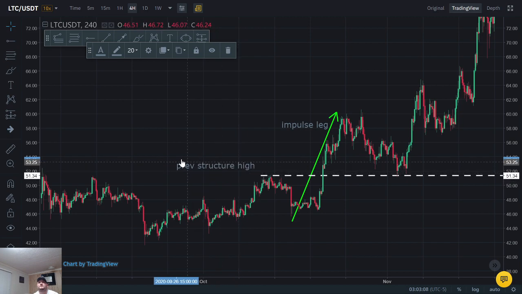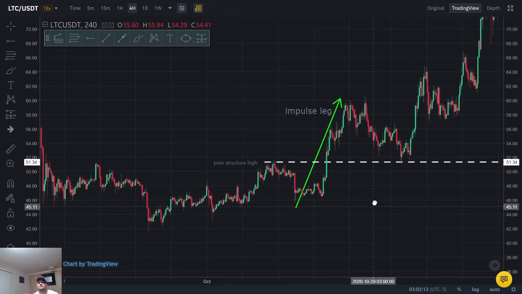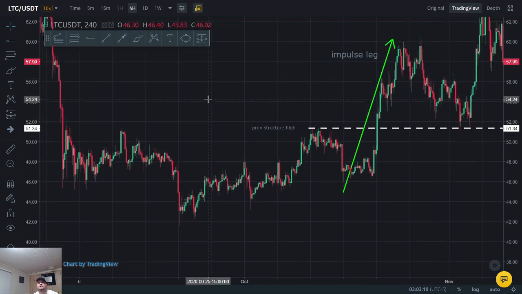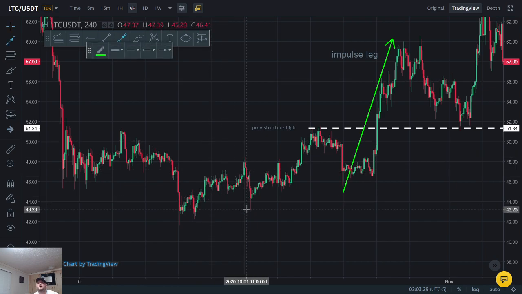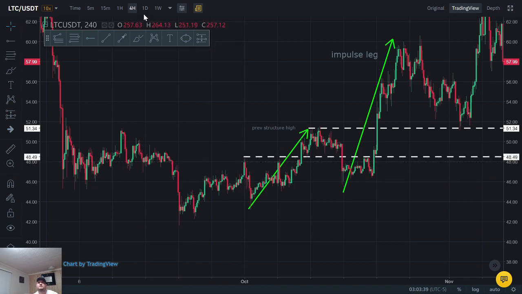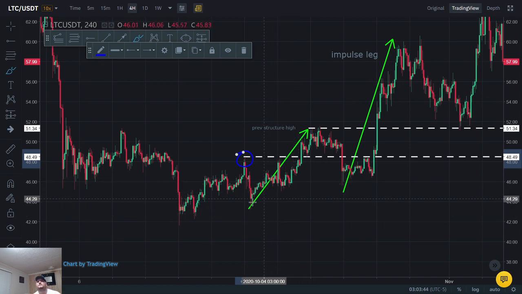It just didn't just start doing it. It's been doing it. And this could be considered an impulse leg. Why? Because you could use this as your previous structure high. Like this. Impulse leg.